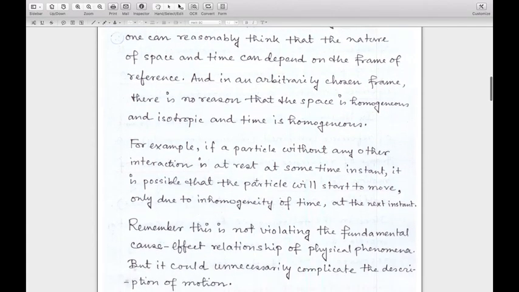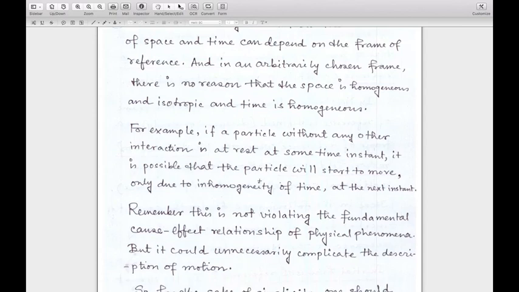And what will be the problem if we have that? For example, if we assume a particle without any other interaction is at rest at some time instant, then it is possible that only because the time is not homogeneous, at the next instant, just due to the inhomogeneity of time, the particle will start moving.